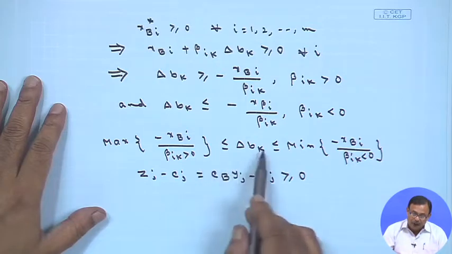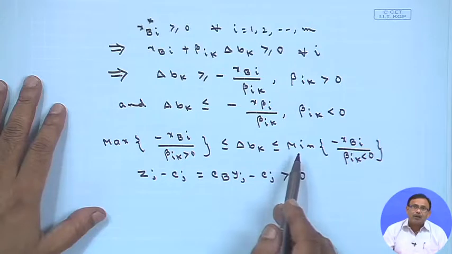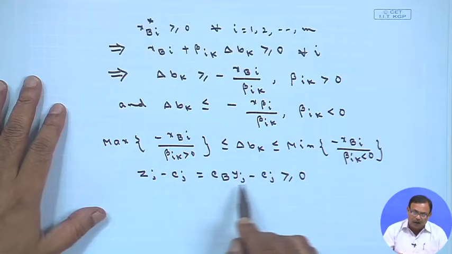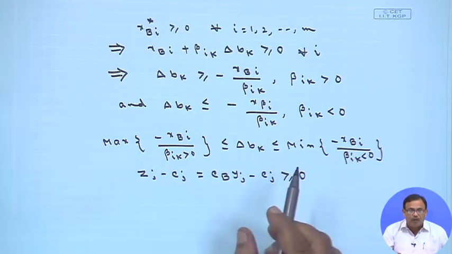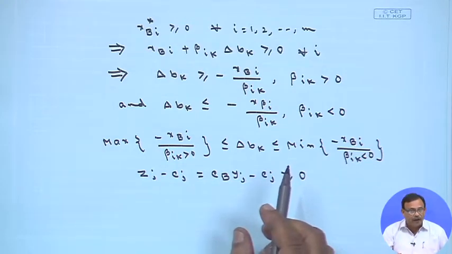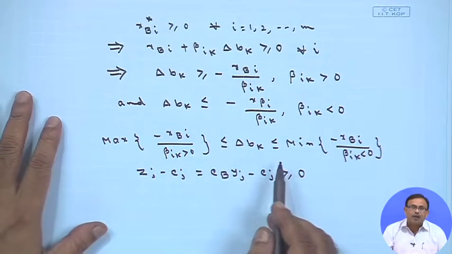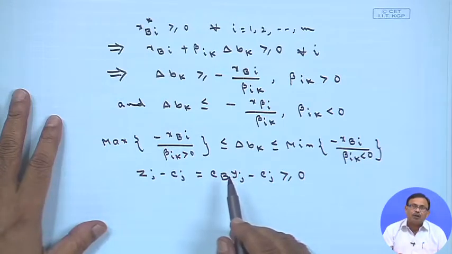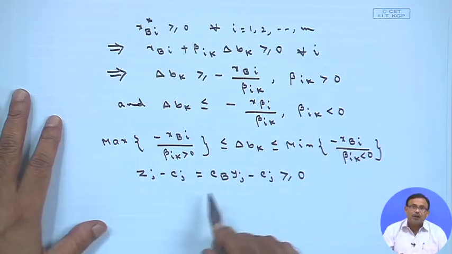Please note this one. If your delta b_k lies in this range, in that case the old solution will remain feasible and the optimality criteria will not be changed. So, please note that for the requirement vector b, if the variation in b lies in this range, in that case the old optimal solution will remain unchanged, but otherwise, if it does not lie in it, then the feasibility condition may change.